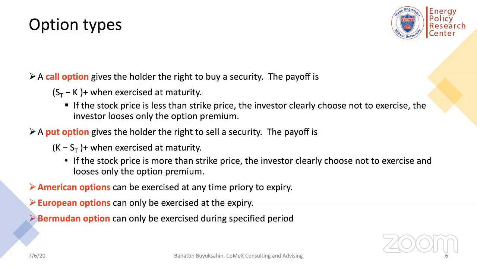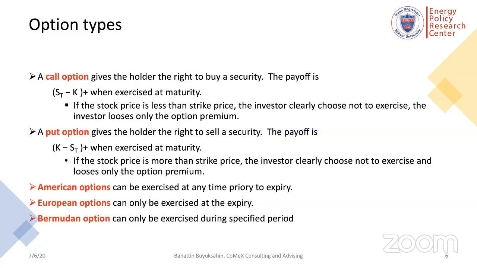A call option buyer will only choose to exercise if the stock price is higher than the strike price. If the stock price is less than the strike price, the investor would clearly choose not to exercise the option, and the investor only loses the option premium.